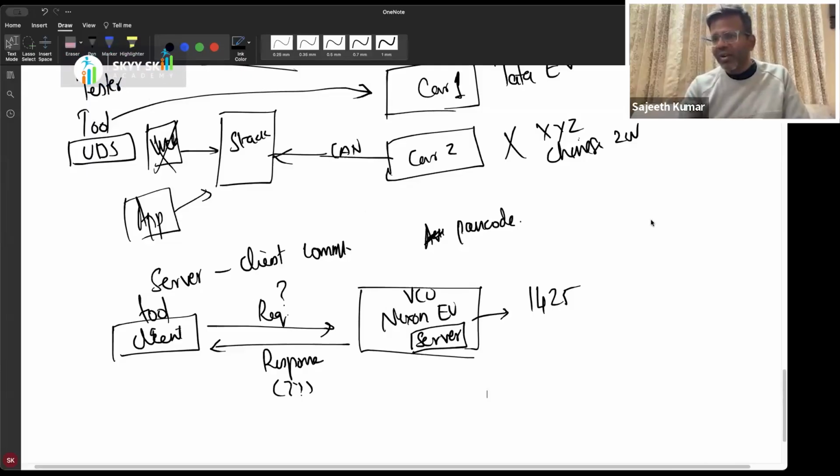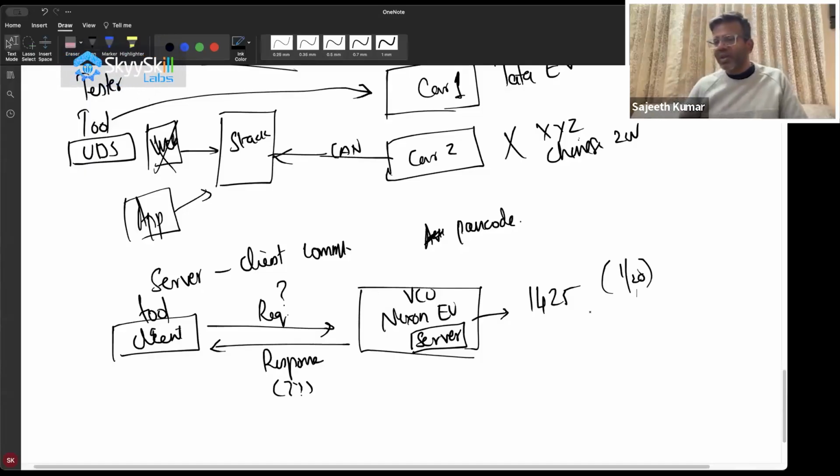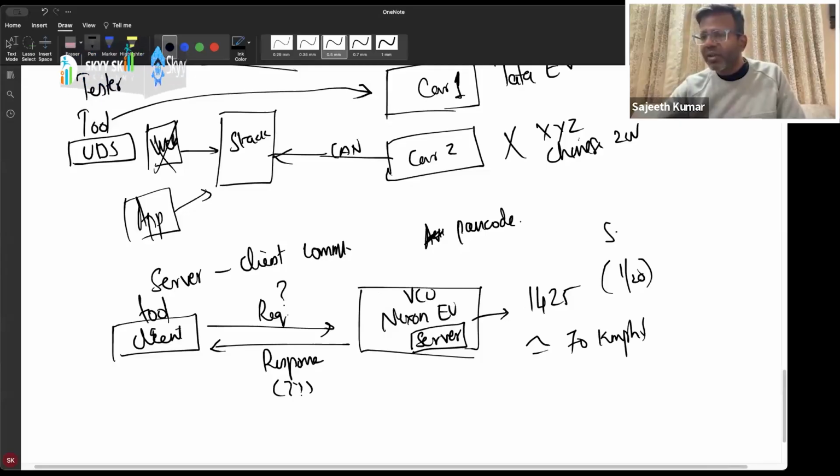So you will not know what this basically means. This could actually be scaled by 1 by 20, right? Which means divide by 20. So approximately what this means is your speed is approximately 70 kilometers per hour. Could be something like this. There could be scaling factors, right?